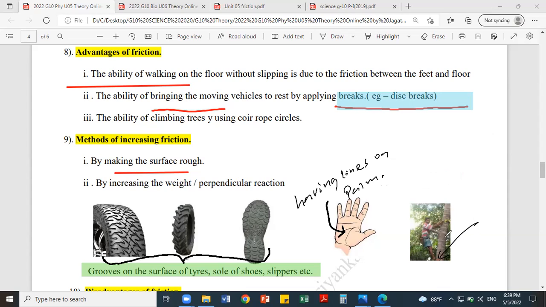This is to climb trees, especially coconut trees, using a coir rope circle.